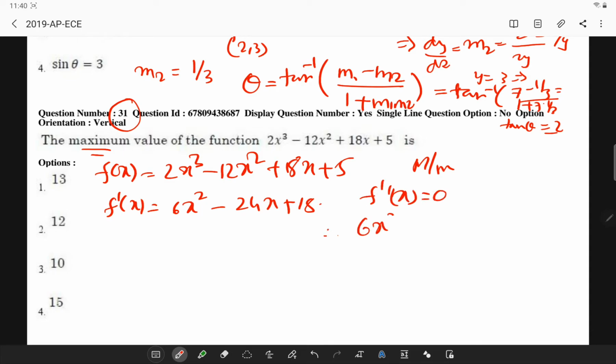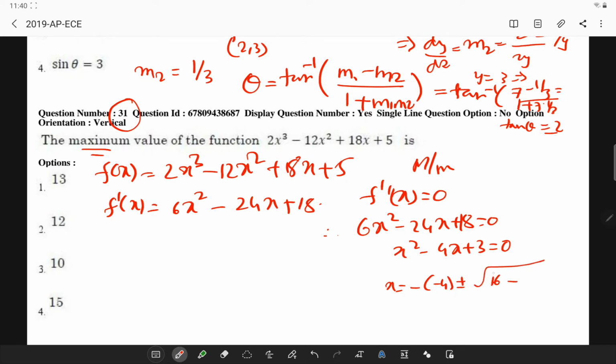Therefore 6x square minus 24x plus 18 is equal to 0, or x square minus 4x plus 3 is equal to 0. The roots are x is equal to minus of minus 4 plus or minus root of b square, 16 minus 4 times 3 which is 12, divided by 2a.